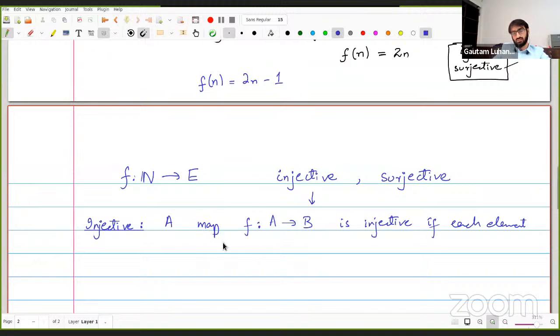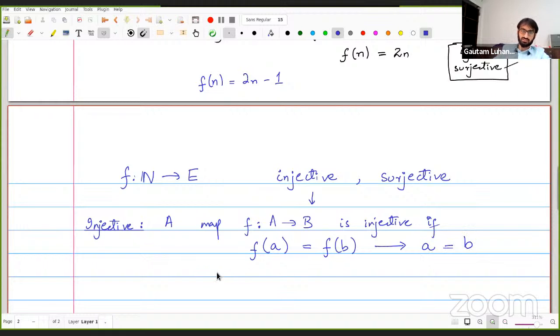It is injective if, and let me state that, if f of a equals f of b, then a equals b.